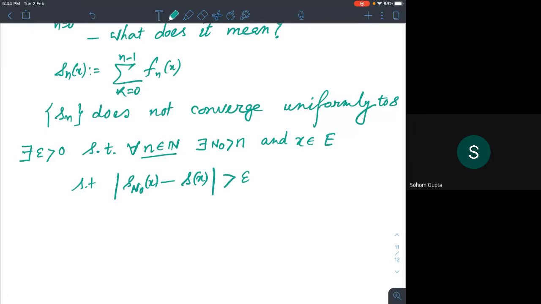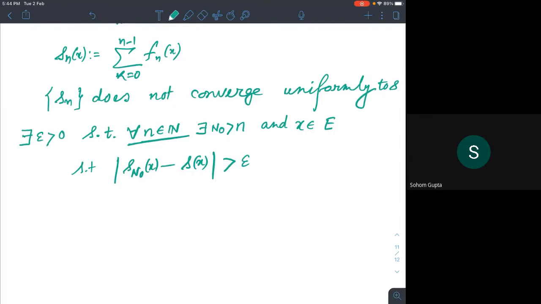So the formal negation should be: there exists a positive epsilon such that for all natural numbers, we don't need to use n naught, and there exists an x belonging to the set E such that Sn of x minus S of x is greater than epsilon. And it should happen for all natural numbers.